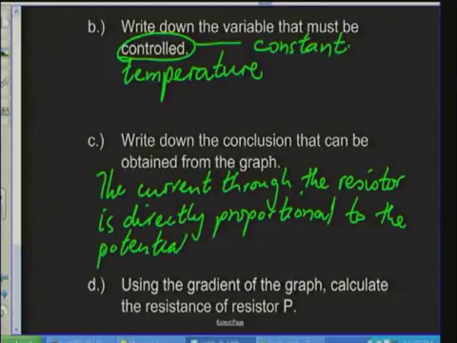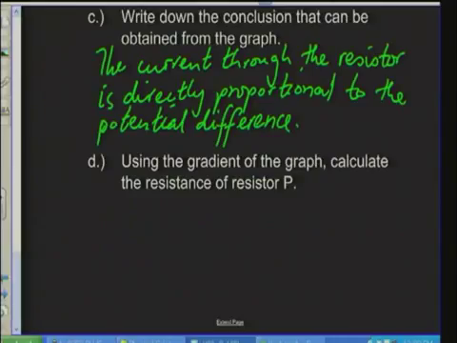Okay, so that's what can be concluded here. And you can see that actually this is around Ohm's law. Now using the gradient of the graph, calculate the resistance of resistor P.